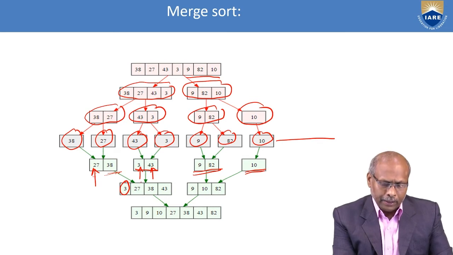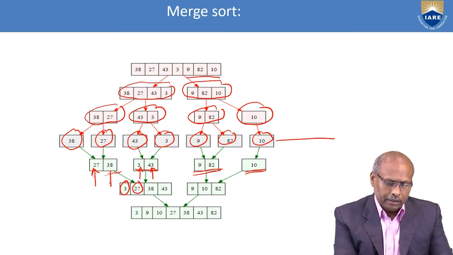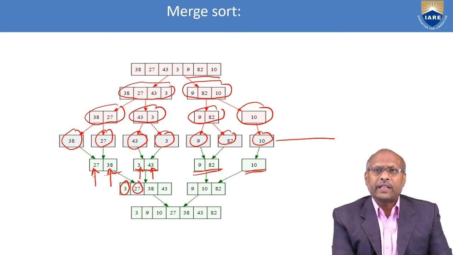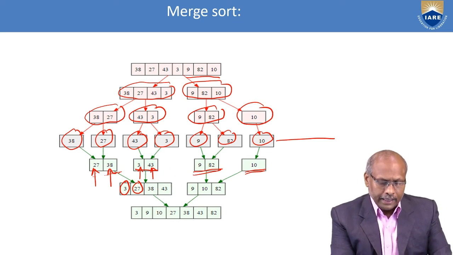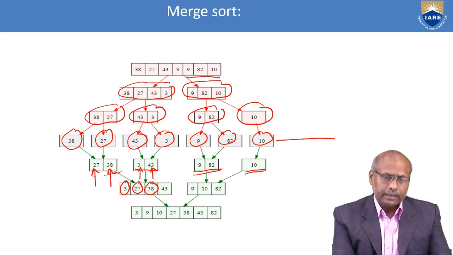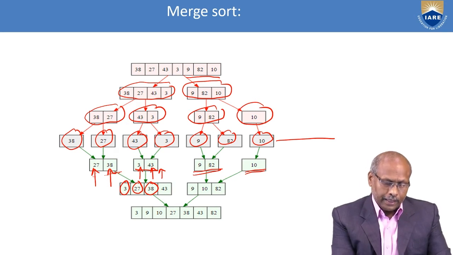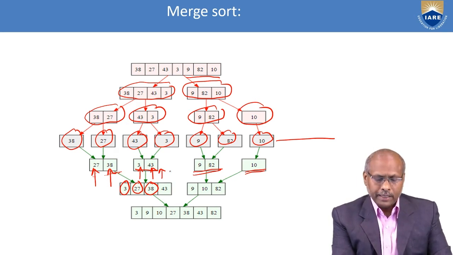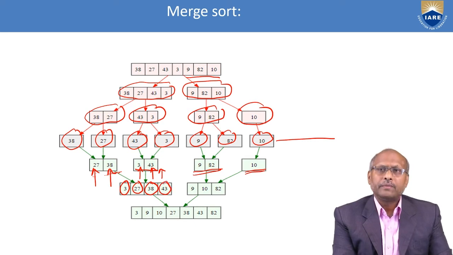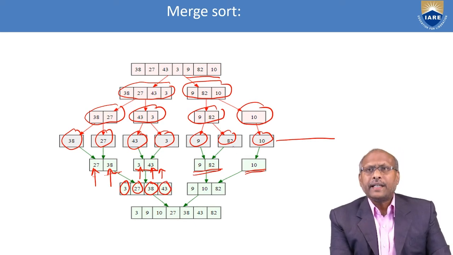Whichever is smaller, that will be taken first. So 27 is smaller, and the pointer has come to 38. Next, check 38 and 43. 38 is smaller, so 38 comes next. And then it has come out of the boundary, that means this part is over. Then 43 is remaining, so 43 is copied.